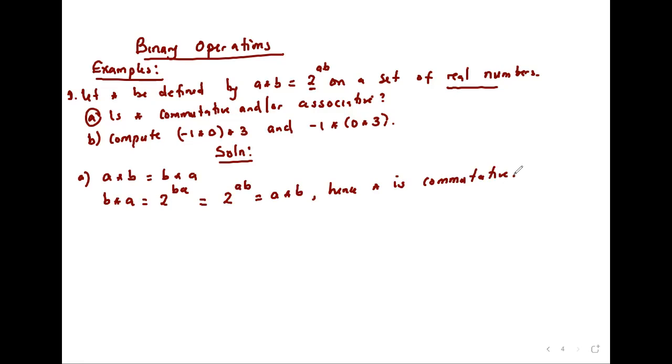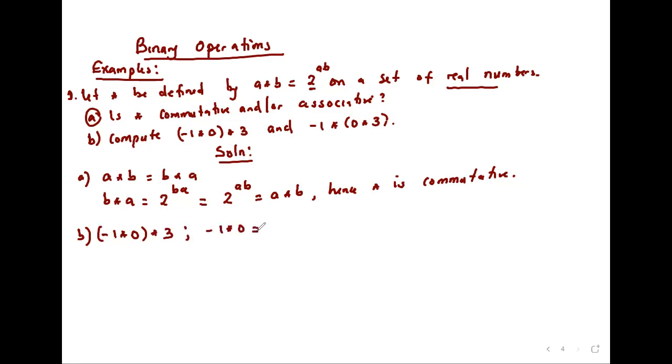For associative, you can say, okay, I want to start with A. You compute -1 star 0 and then star 3. To compute this, you get -1 star 0.